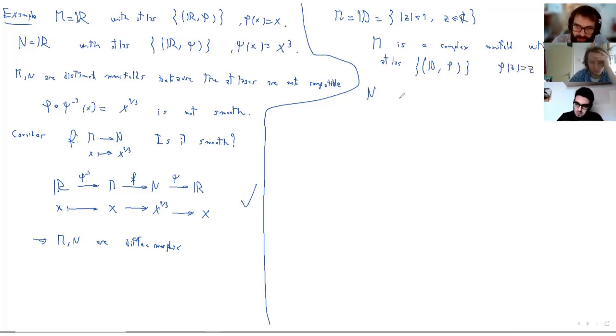And then we take N, again D, but with a different atlas, D and psi, where psi from D to C is any homeomorphism.